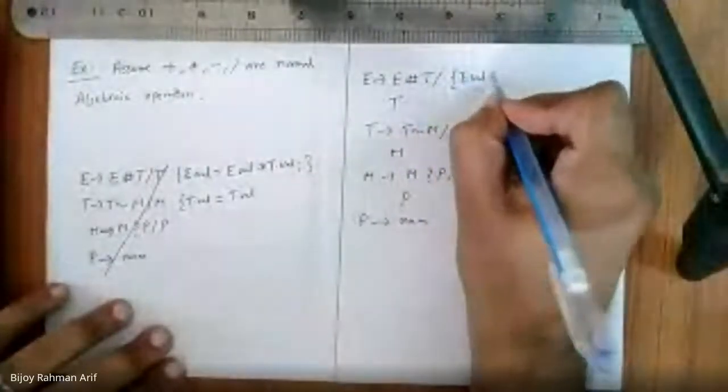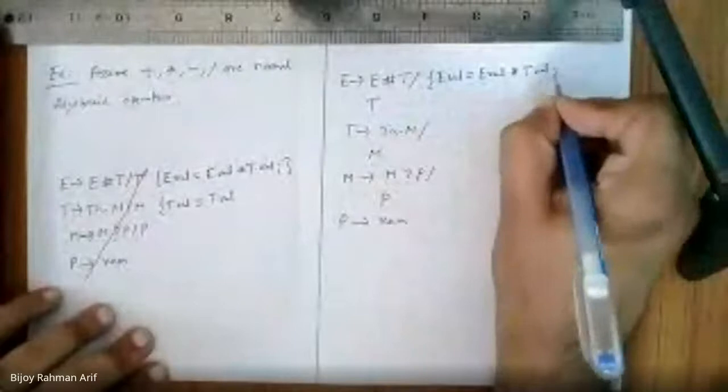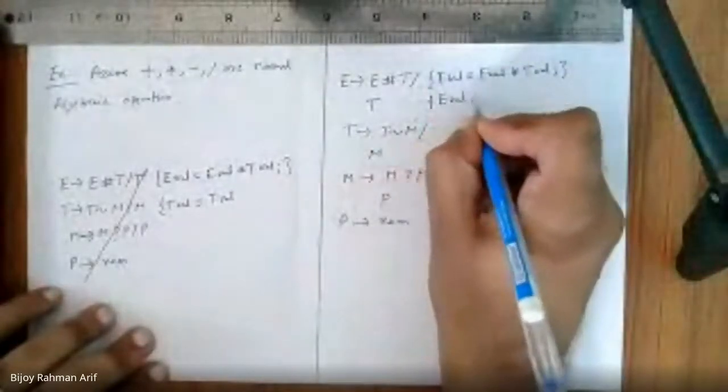This is nothing but E dot val is E dot val star T dot val. This is nothing but E dot val is equal to T dot val.